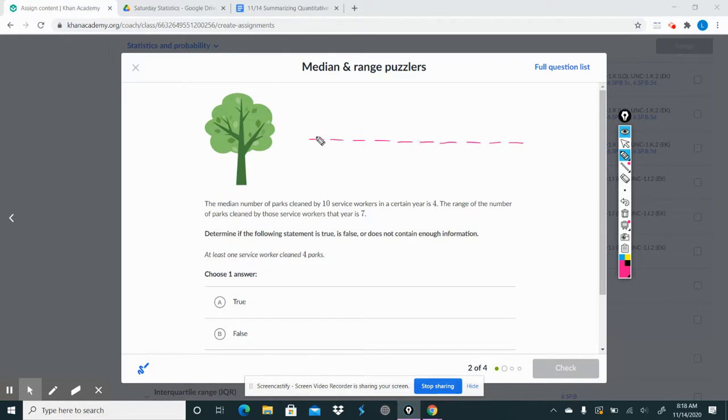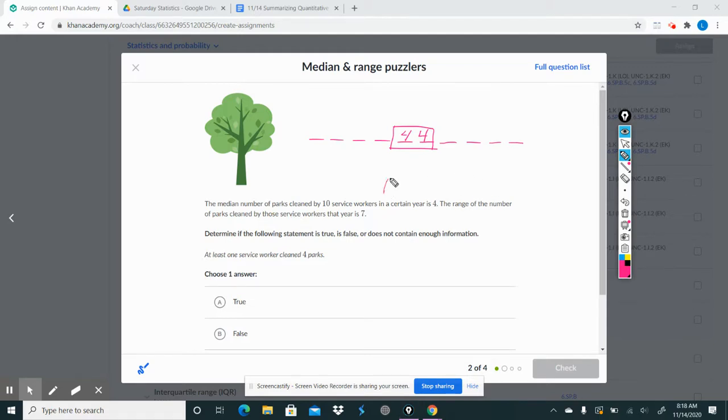So we have to remember that since we have 10 values here, for the 2 middle numbers, we would find the average of those 2. So we can assume right now that maybe both of them were 4.